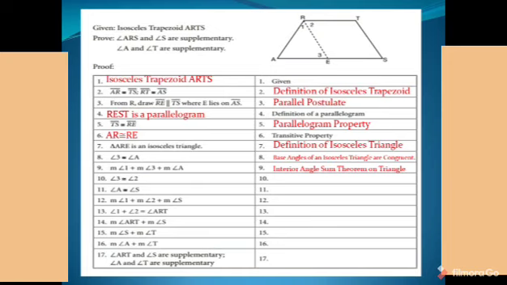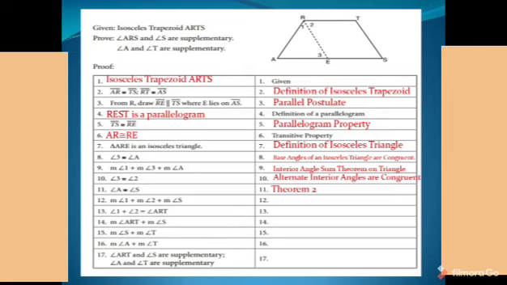So for number 10, you have angle 3 is congruent to angle 2. That is alternate interior angles are congruent. So angle A is also congruent to angle S. That is referring to theorem number 2 about base angles.